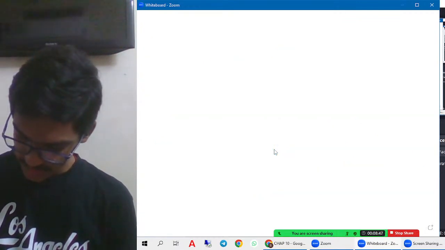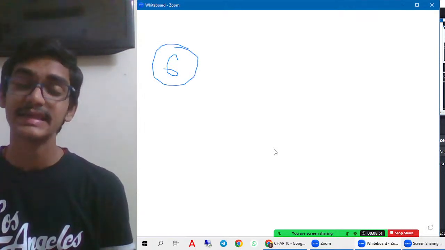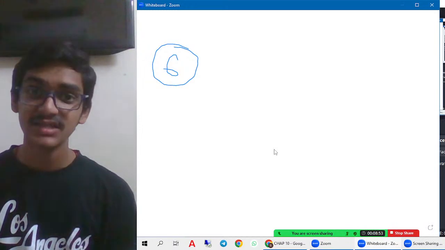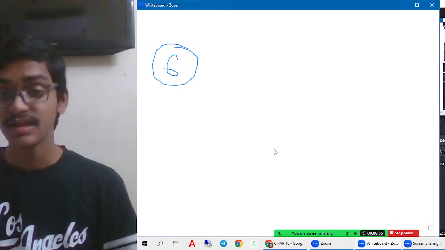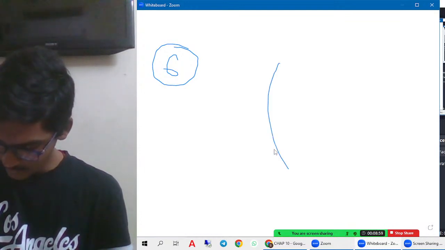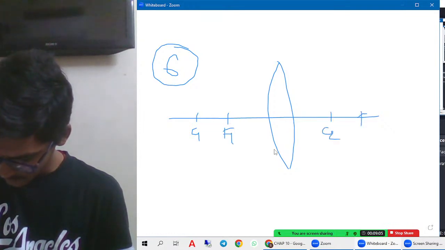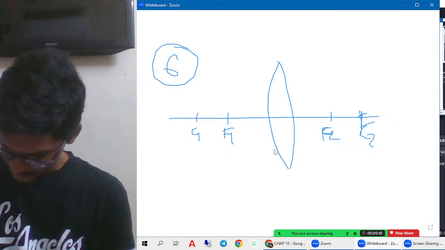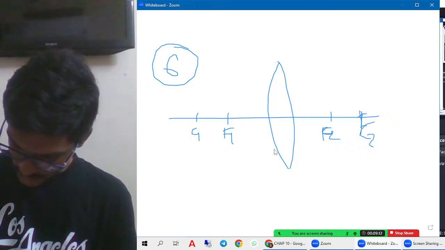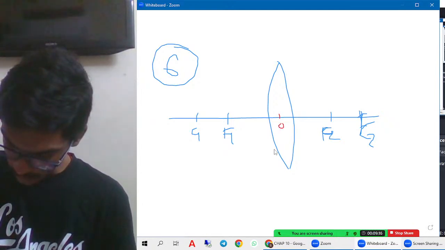Then next, the sixth case. This is a very important case. If a question comes from ray diagrams, mostly this will come. If you see this one, the object is located between the optic center and the focal point F1.